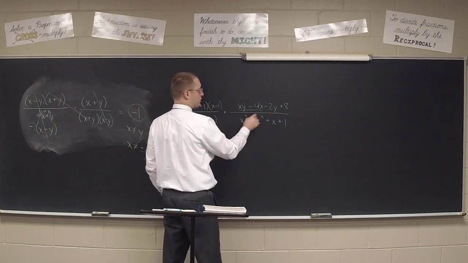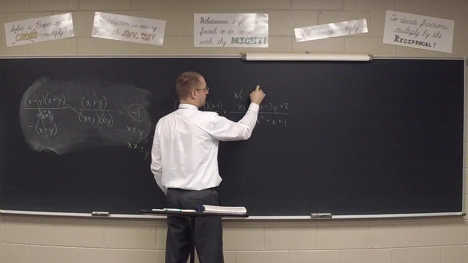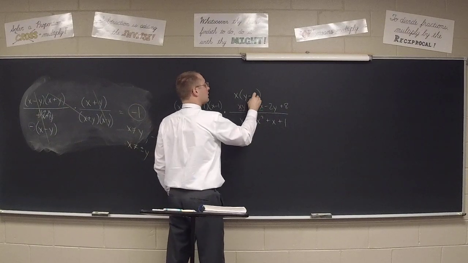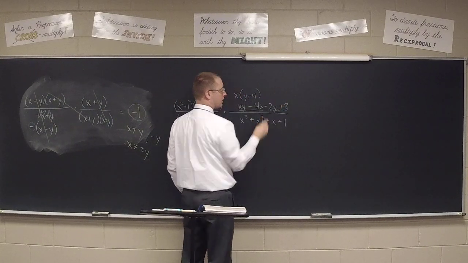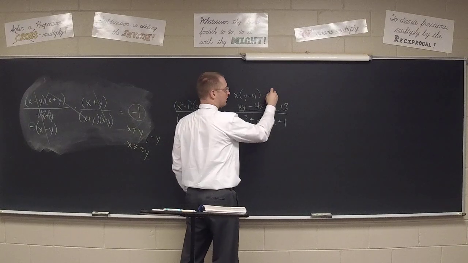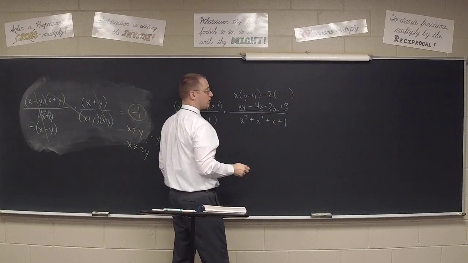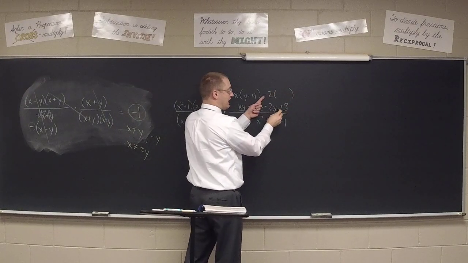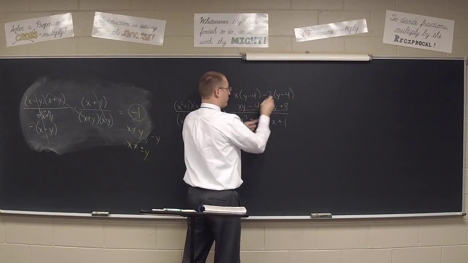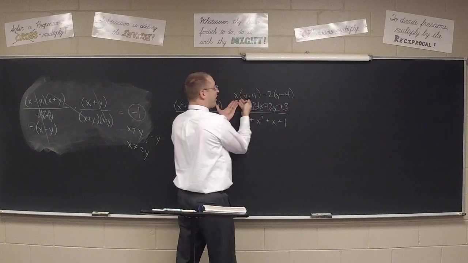Well, what comes out in the first group? Good, and it is because of this negative that changes this to a positive y, and because of this negative changes this to a negative 4, which is perfect, because now what's common?